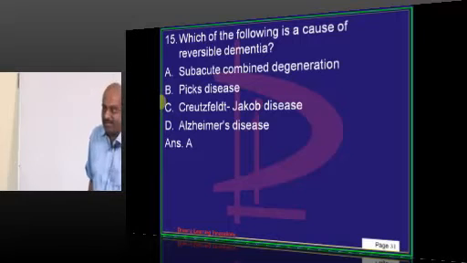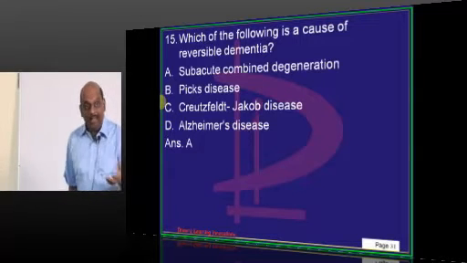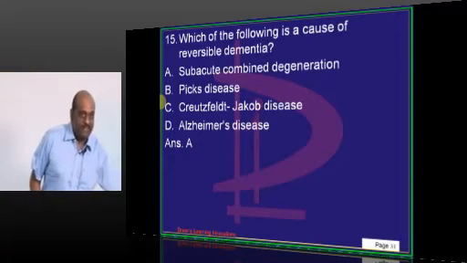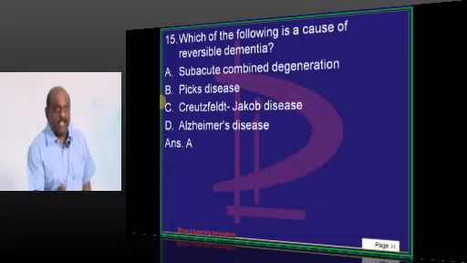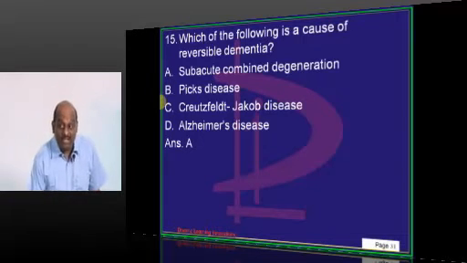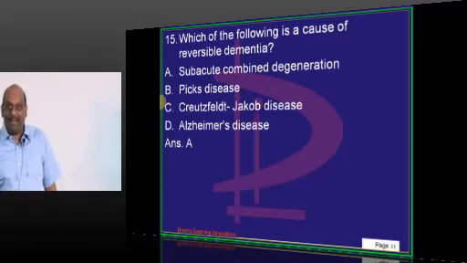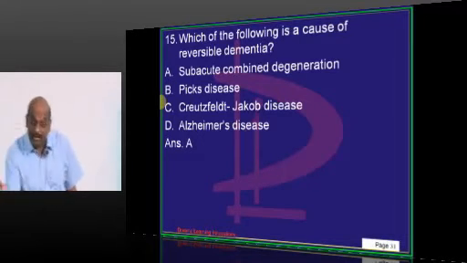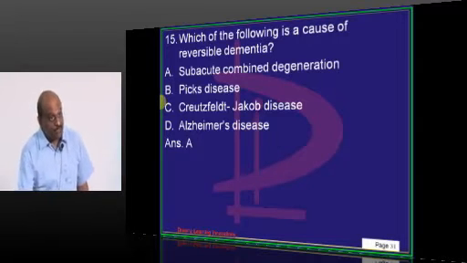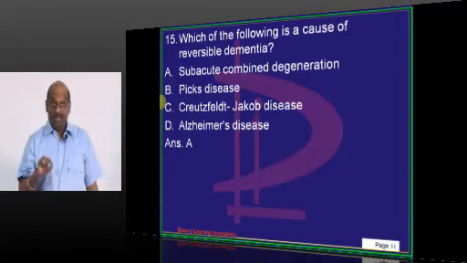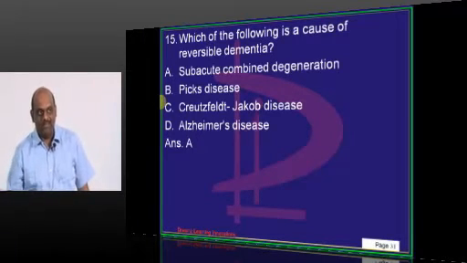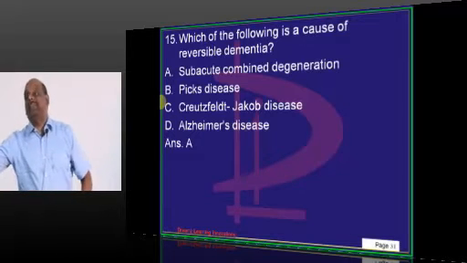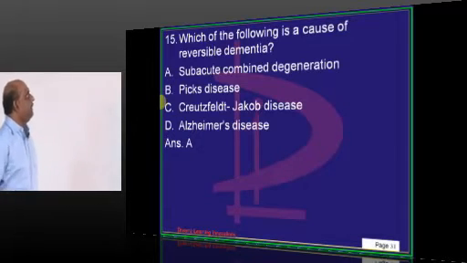Peripheral nerves are part of the LMN, and the LMN feature is areflexia. Why do they have Babinski positivity? Babinski is a feature of UMN, corticospinal tract involvement, and since that gets demyelinated in vitamin B12 deficiency, they have Babinski like UMN, and areflexia like LMN due to peripheral neuropathy. That is what you need to remember.